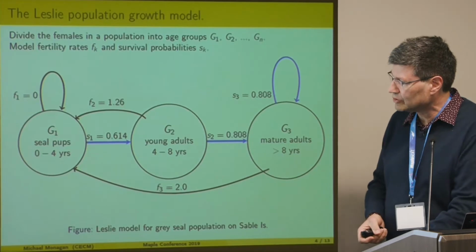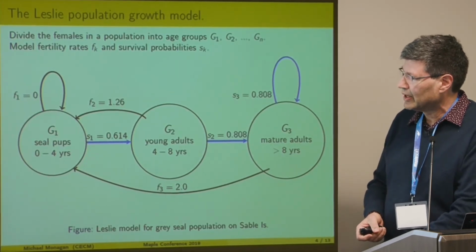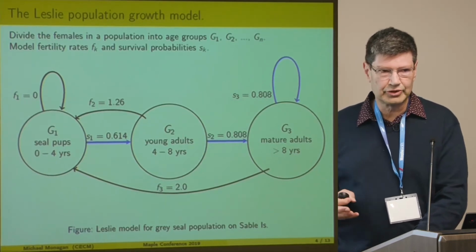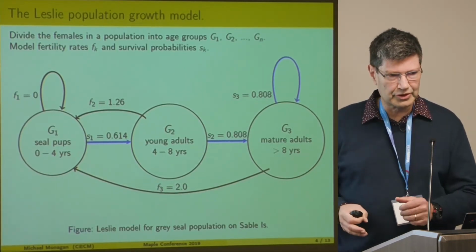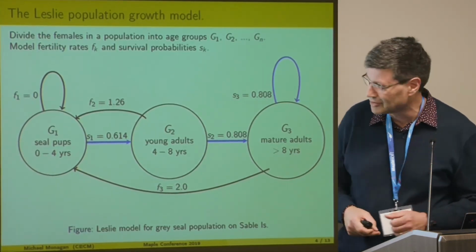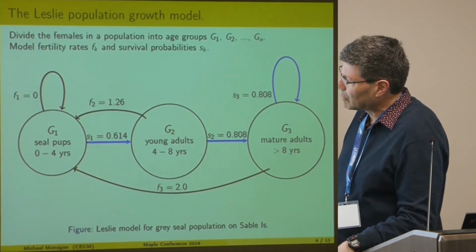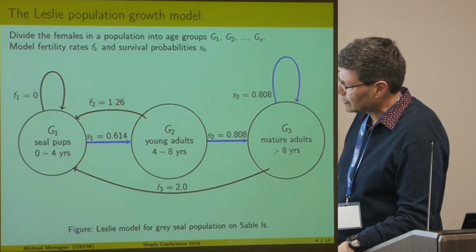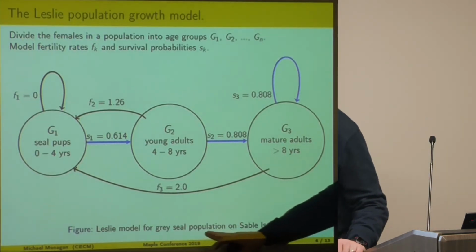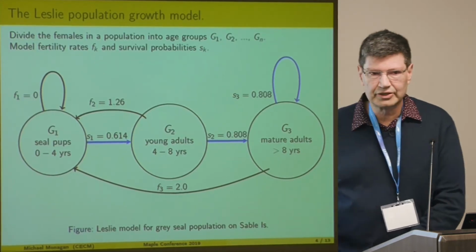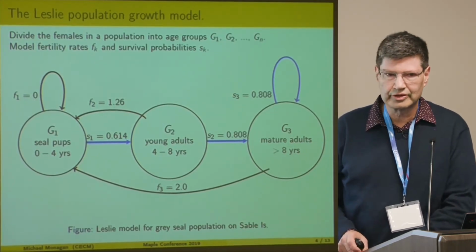Okay, so how do I introduce the model? I'm going to introduce it with an example. I think if I show an example, the students will immediately focus. So hopefully you will immediately focus. Okay, so I'm going to consider a model for the growth of a gray seal population on Sable Island. Sable Island is an island off the coast of Nova Scotia.